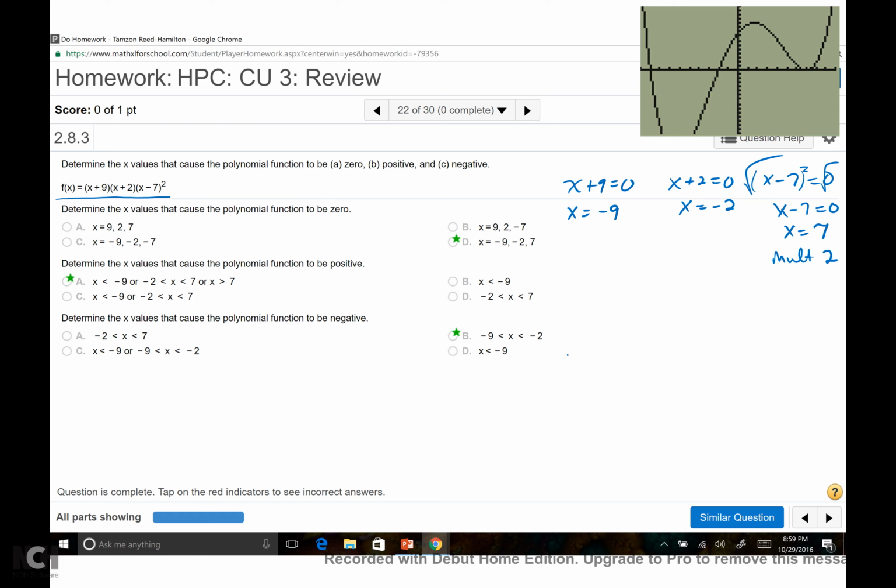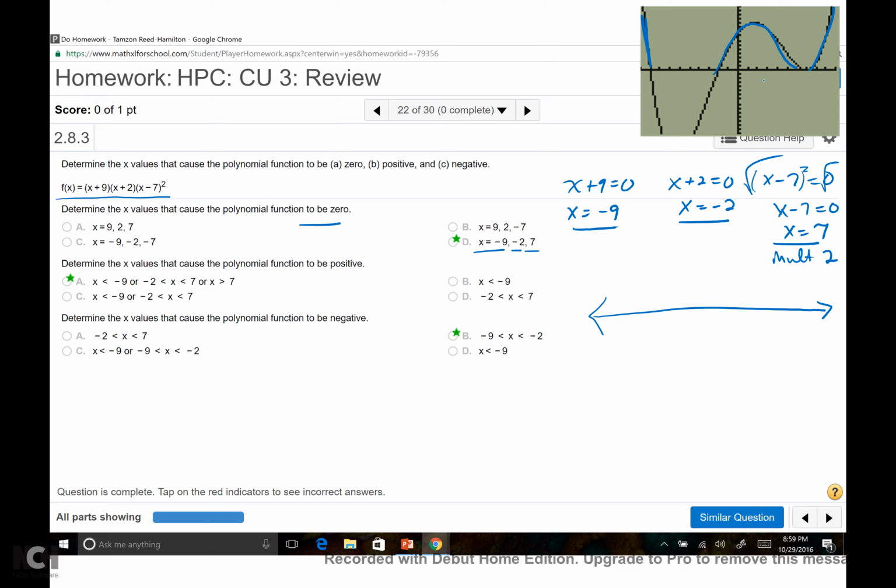And at any rate, what you do to figure out where it's positive, negative, or 0, you're going to be 0 here, here, and here at x equals negative 9, negative 2, and 7. Okay? Now, where the function is positive, and again, I'm cheating here, I just graphed it on the graphing calculator, so you can see here it's positive, here it's positive, and here it's positive.